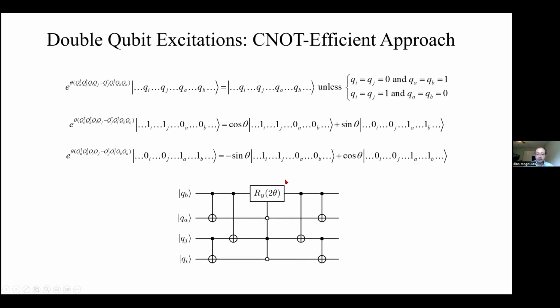And indeed, the circuit can be expressed in terms of an RY gate. This time, the RY gate is multiply controlled. So the RY gate will be applied only if this qubit is in the 0 state, this qubit is in the 1 state, and this qubit is in the 0 state. So we see that we have control and anti-control qubits.